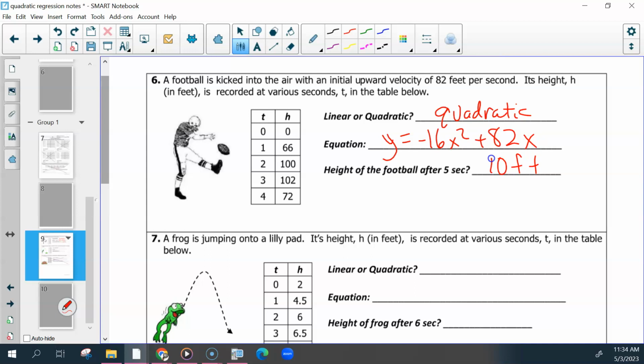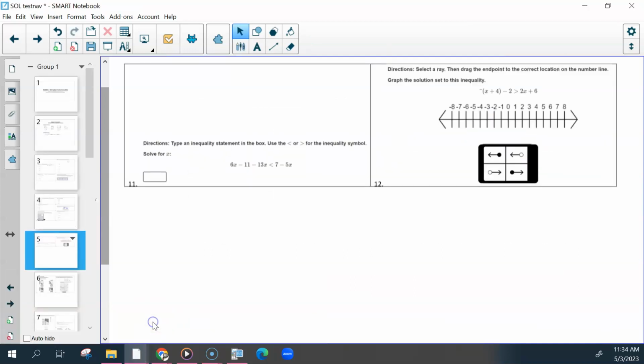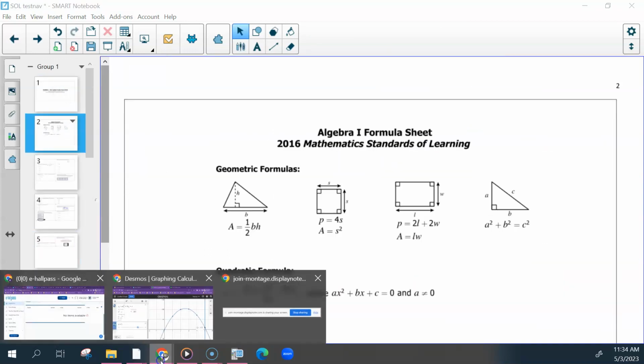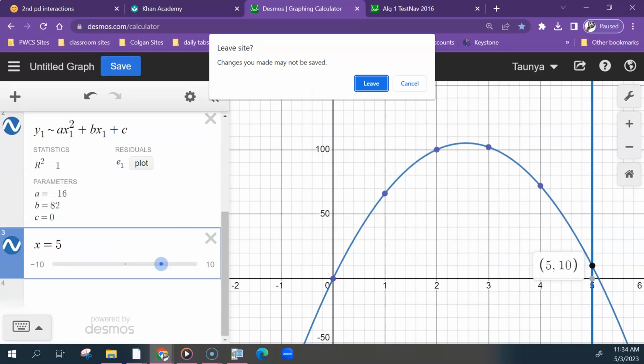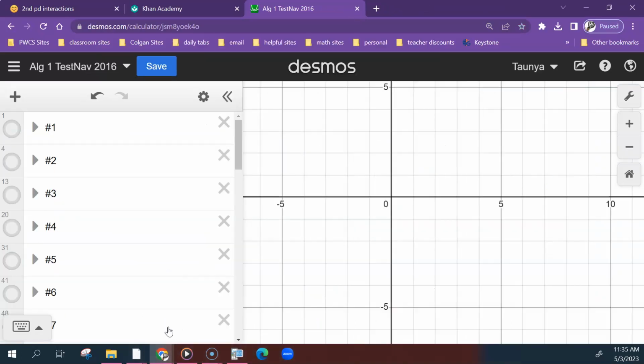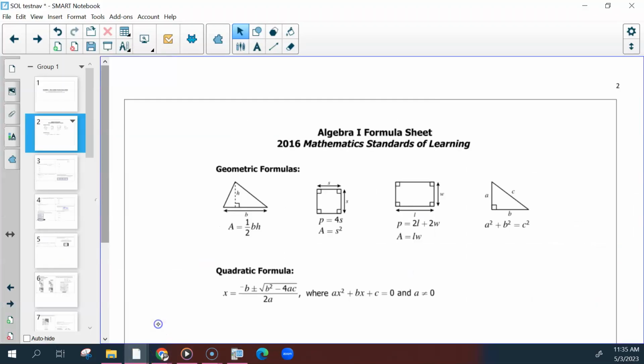Take out your testnav packet. We're going to go through all the ones you should have done up to this point, and then you'll have time to work on the remaining. Anyone need another one of those?